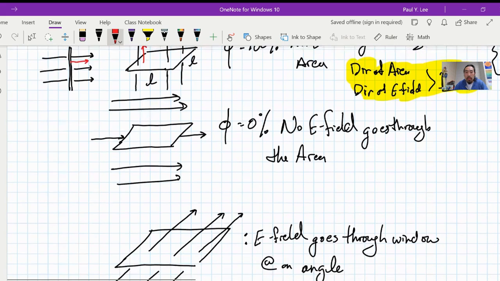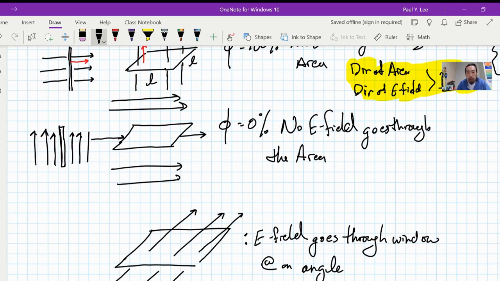If we take a look at this here, same idea, if this is a side view, and none of the E field is actually going through the window, and we know the direction of the area is in this direction, we see that no E field goes through the area.